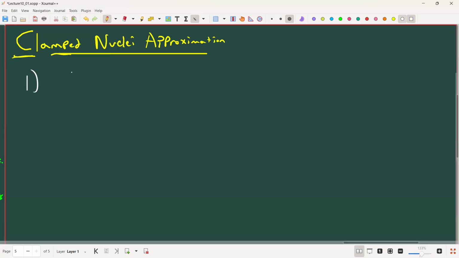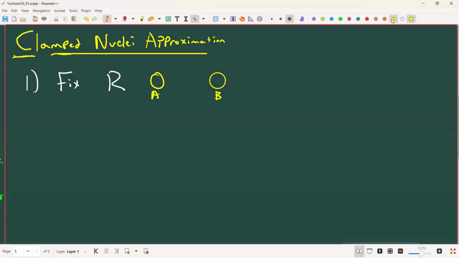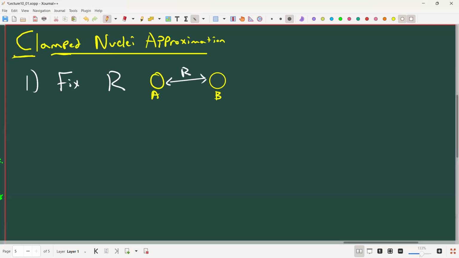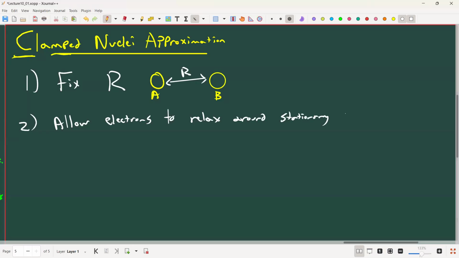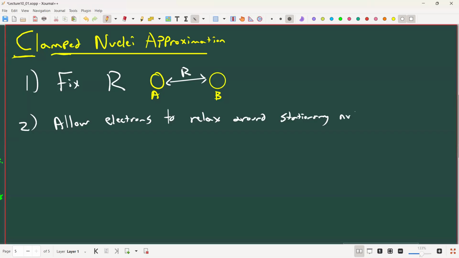You fix R, the big R, that's the space between the nuclei, and you allow electrons to relax around stationary nuclei at distance R.